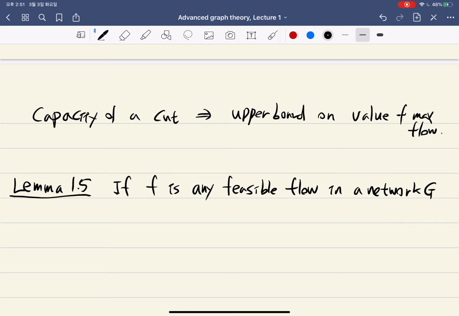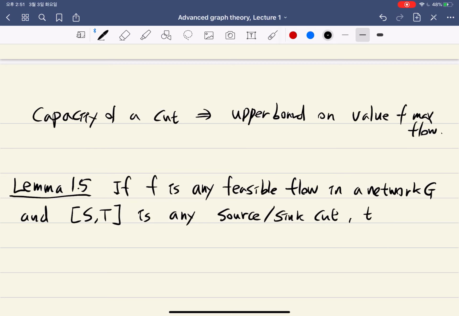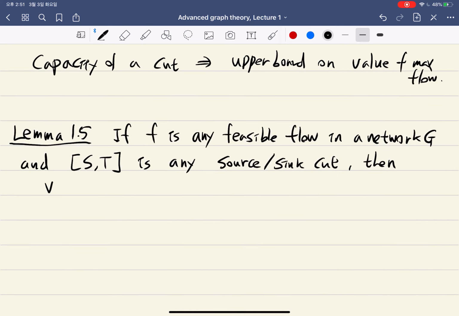So from now on, we don't consider any non-feasible flow. And we have this source-sink cut (S, T) between two vertex sets, any source-sink cut. Then we have an upper bound on the value of this feasible flow: the capacity of this cut.